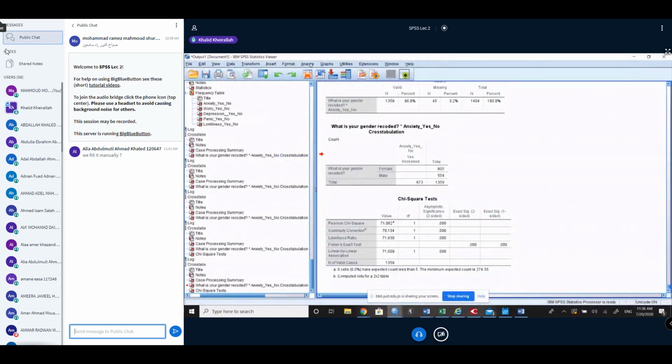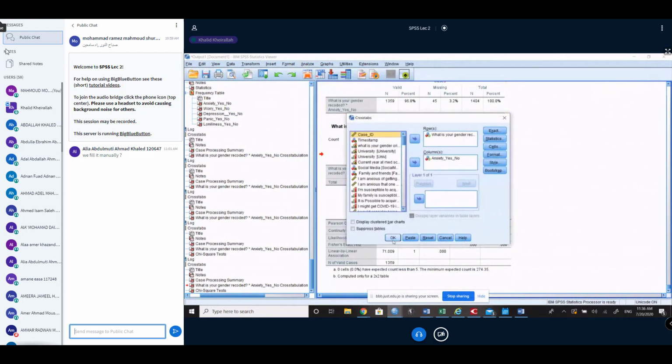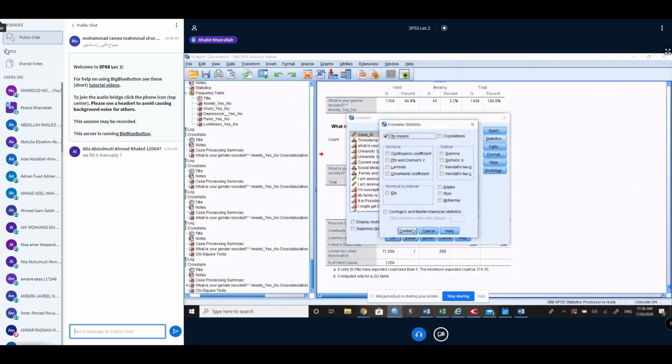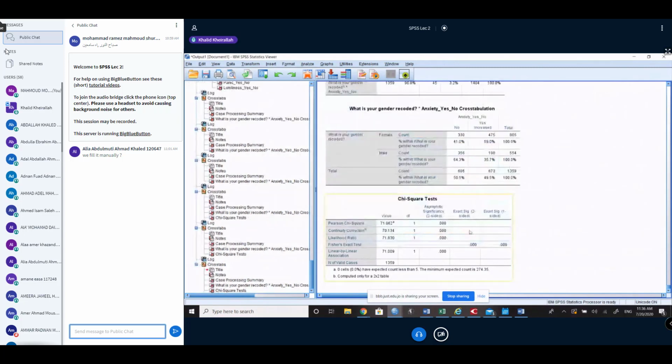So the distribution of participants within these 2 variables, anxiety and gender, was actually not due to chance.